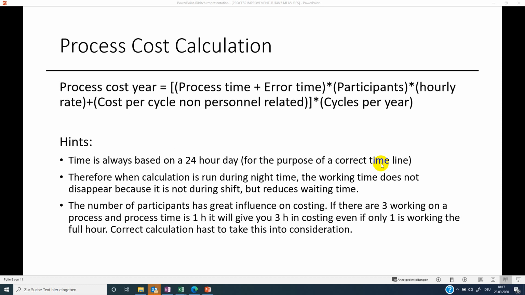That is process time plus the error time, so quality time, times the number of participants that work on the process and the errors, times the hourly rate that was part of the base information you had to put into the tool, times the cost per cycle of the non-personnel related costs, so to say external costs, services that you need to buy to run the process, times the cycles you run per year. This will give you the total process cost per year.